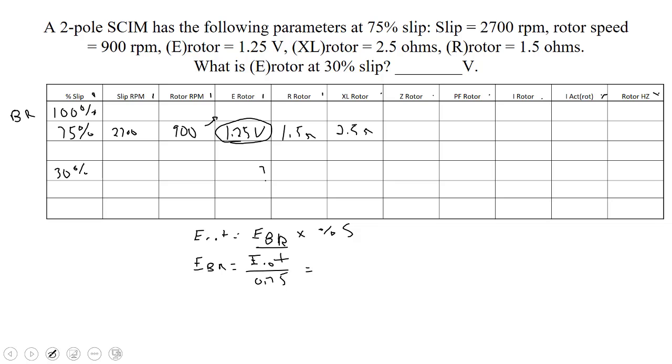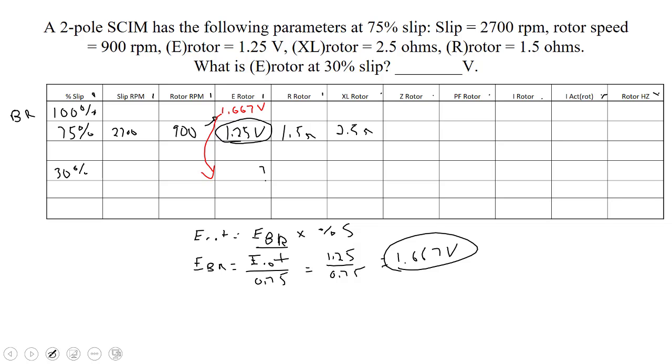So E of the rotor is 1.25, so I'm just working this backwards, divided by 0.75, and that's going to come out to about 1.667 volts. Okay, so I'll put that value up there. 1.667 volts. Now I need to bring that down to what the voltage is at 30%.